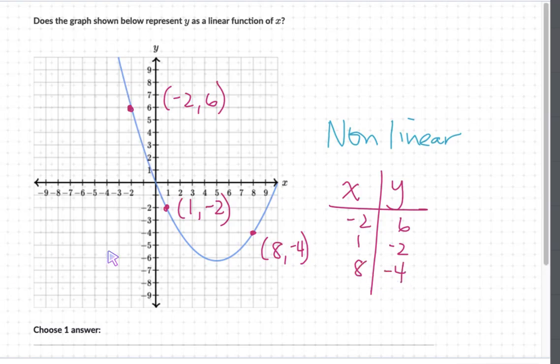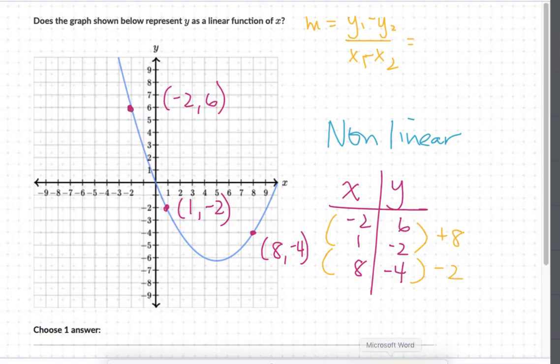And I'm going to calculate the slope, because later on for my slope I need the change in y over the change in x. 6 to get to -2, we would have to add 8. -2 to -4, we would subtract 2.